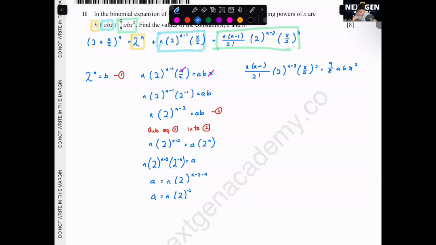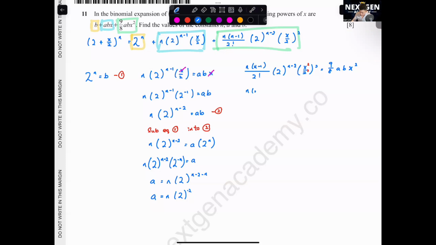What else can simplify? Okay, you see here, this 2 and 2, this one can be written as 2 to the power of negative 2. Okay, I don't want to keep writing the entire thing. So this will be x squared and 2, right? Okay, so I want you all to rewrite it as here 2 to the power of negative 2.